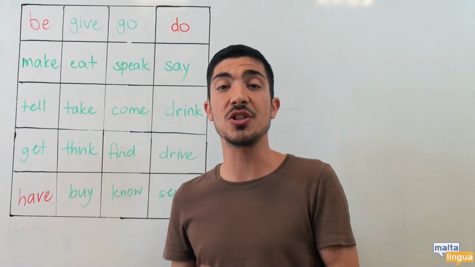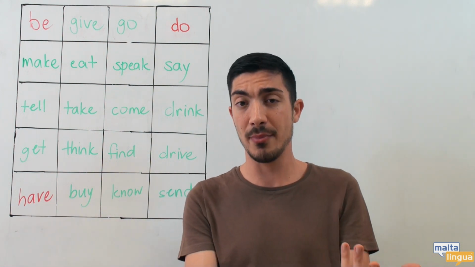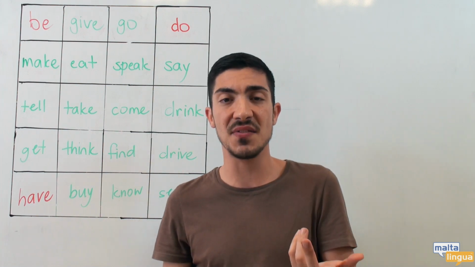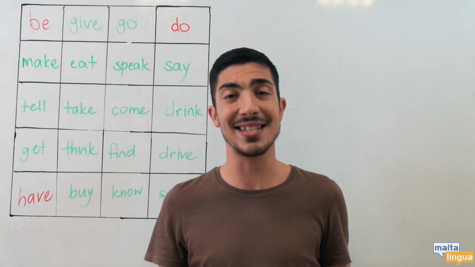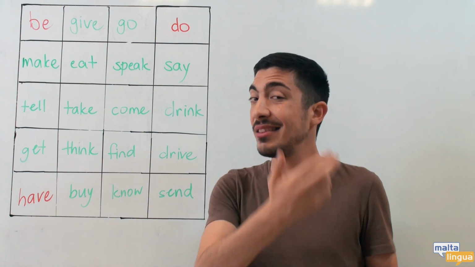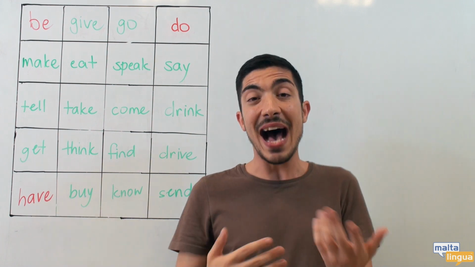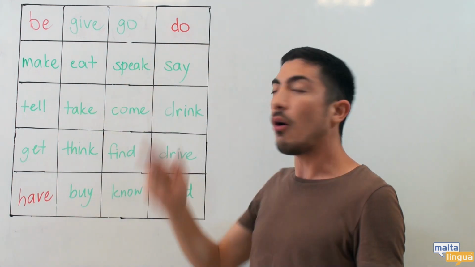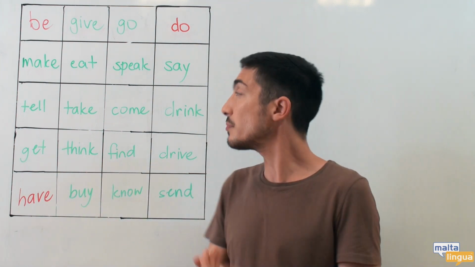I have been a teacher for the last 3 years, so there we can use it to make a perfect form. And do to make negatives, I don't speak Japanese, or I didn't go out last night. We also use them in their 3rd form. I've been a teacher, we've had a lovely evening, or I've done an exam, for example.